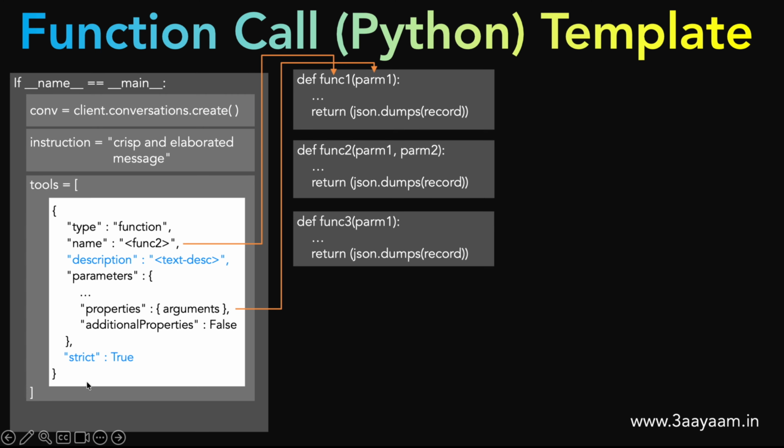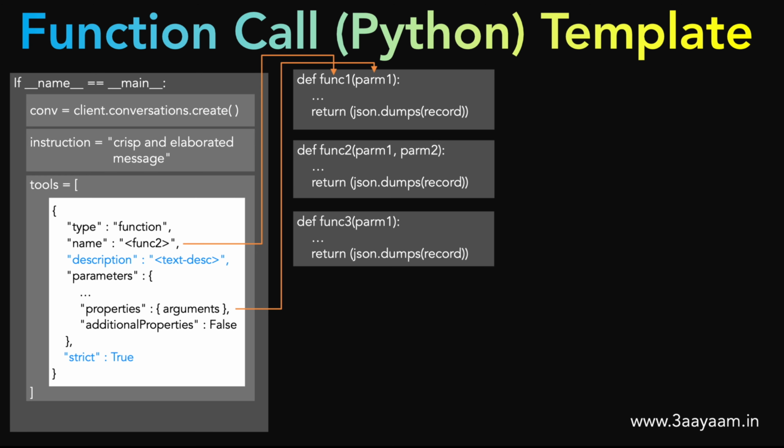Let's say I define 2 elements here and I provide the name function 1 and function 2, which means I have not defined any elements for function 3. So in that case, the large language model is not going to consider that function for the execution. So if you want the large language model to consider the function for execution, I'll have to define the function to the large language model using this tools variable.